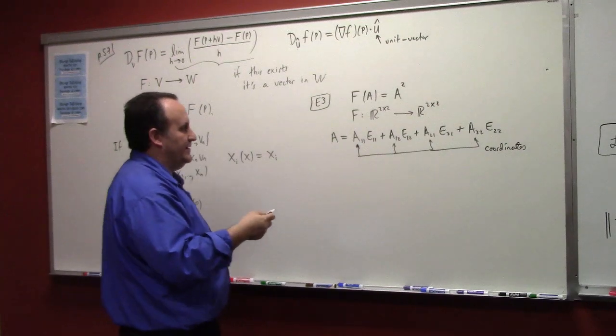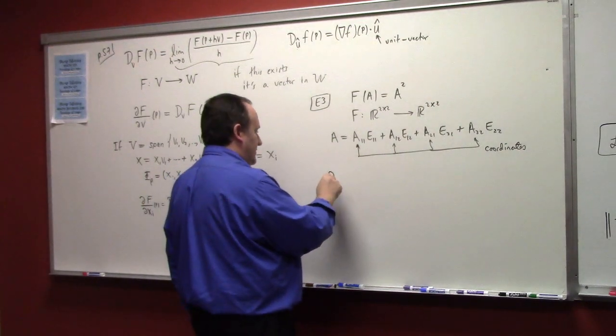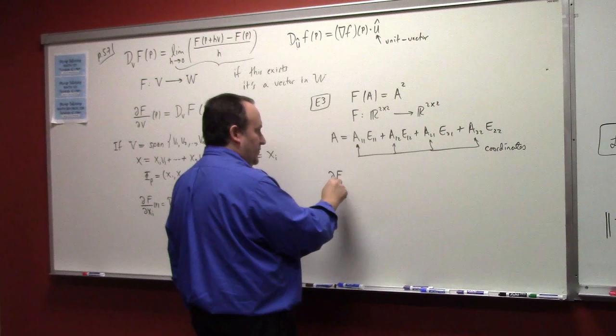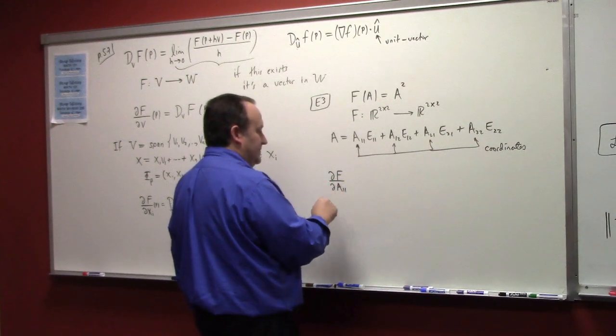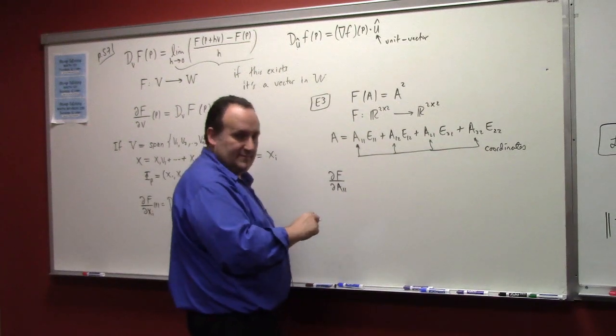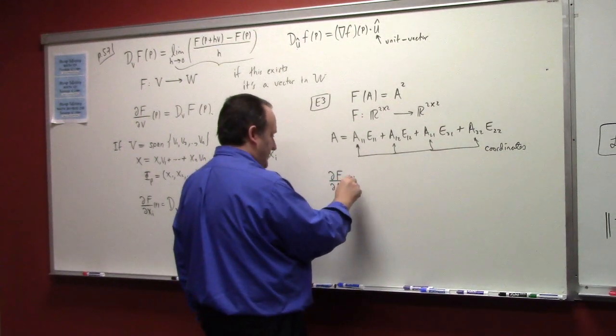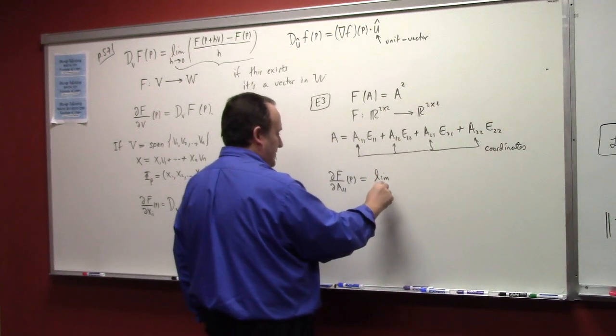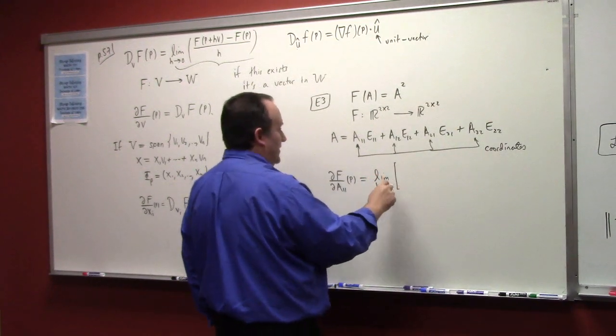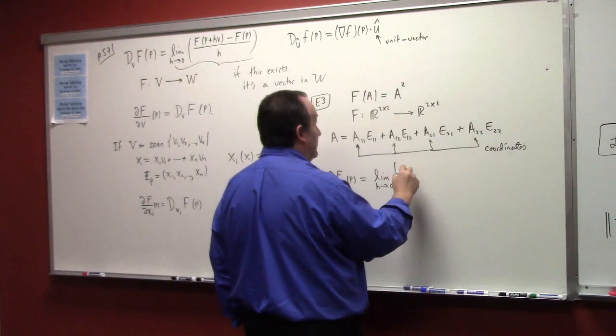So in that regard, I can calculate what is partial f, partial A11, for instance, at a point, at a matrix P, right? So I would calculate the limit as h goes to 0 of what?